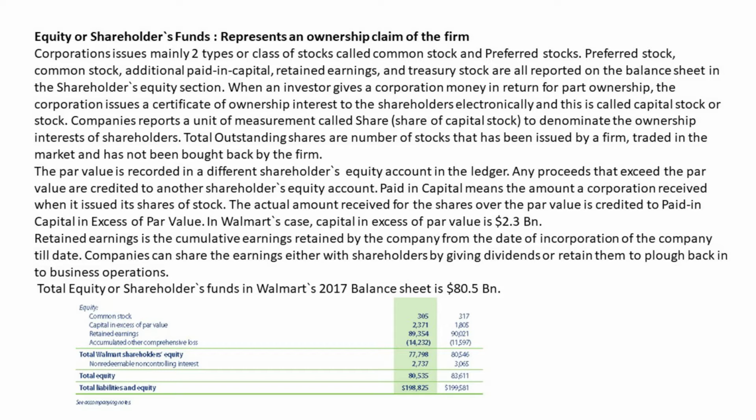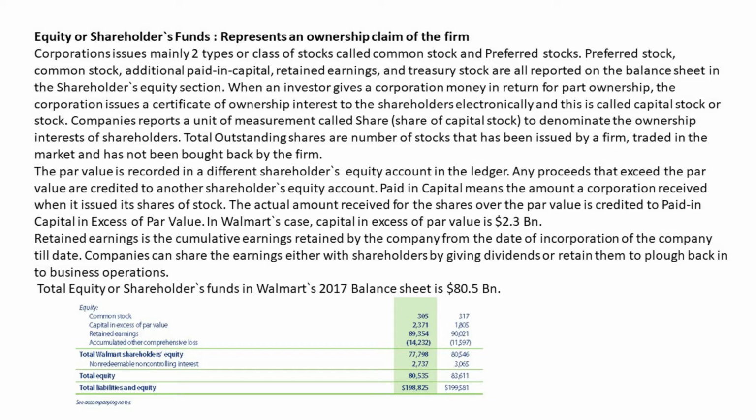Now it's all electronic, in dematerialized form. In your equity account, you could see the number of shares and what amount that translates into. So the total outstanding shares are the number of stocks that have been issued by the firm, traded in the market, and not bought back by the firm.